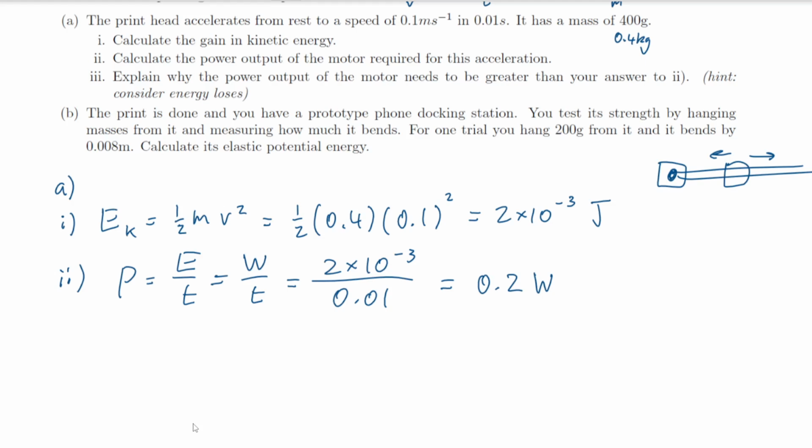Kind of. So part 3 is to explain why the power output of the motor actually needs to be much greater than this. So 0.2 watts was enough for this particular maneuver, right?